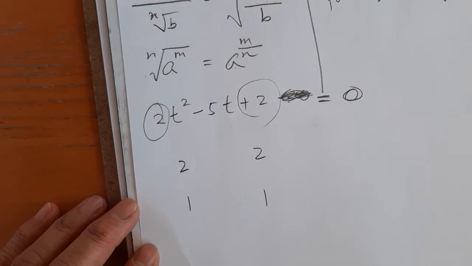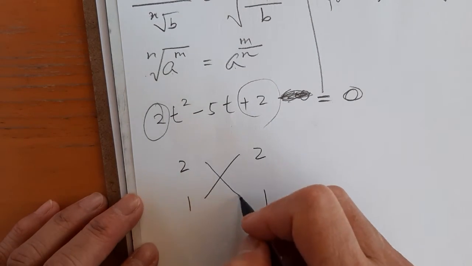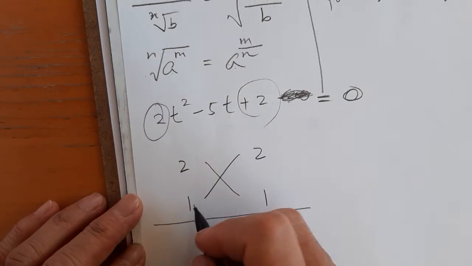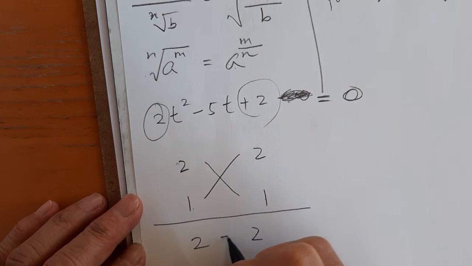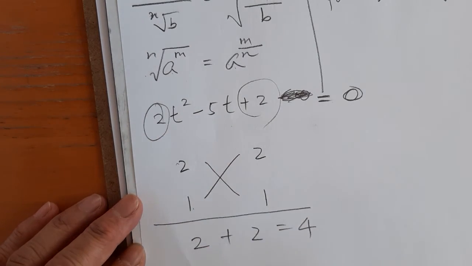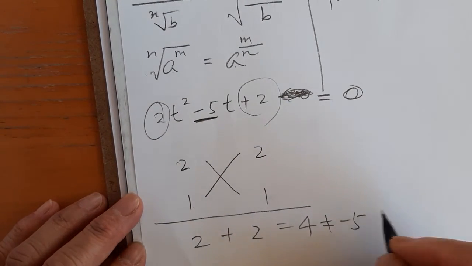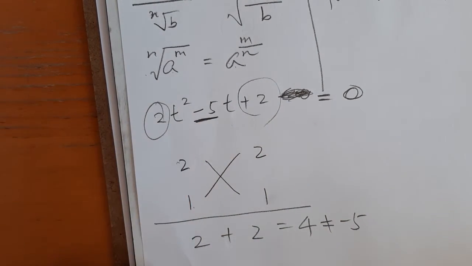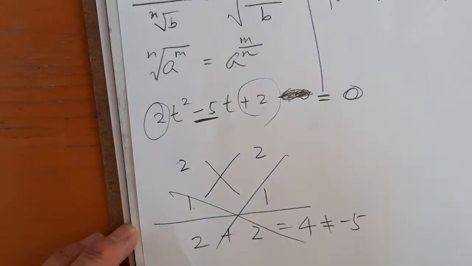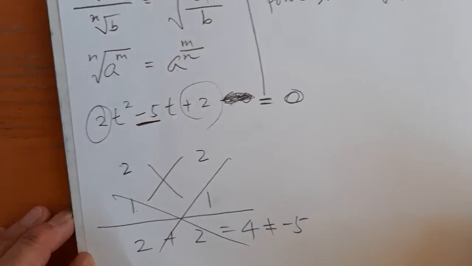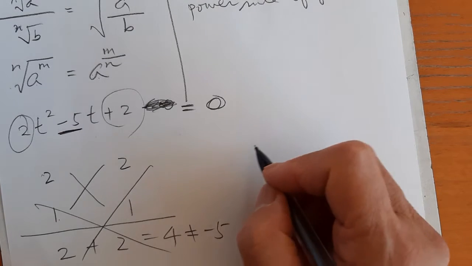2 times 1. If you put it this way and cross multiply, 2 times 1 is 2, 2 times 1 is 2, add together equals 4. You have to match with negative 5. If matched, that's the right one. So this is not the right one. So I try again. This we call the trial and error method.